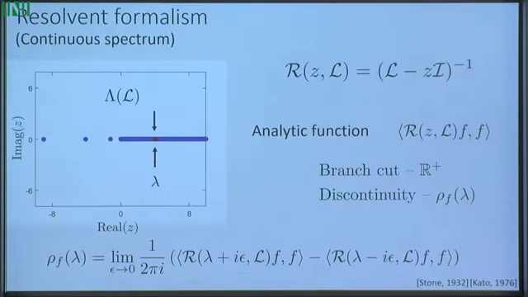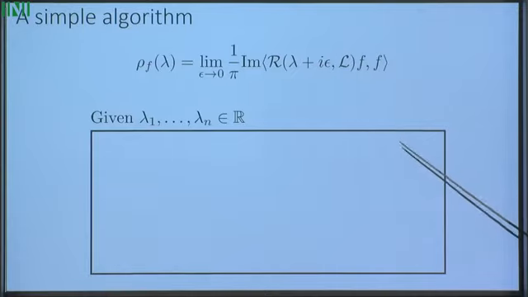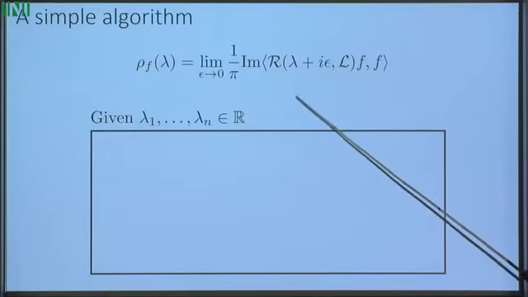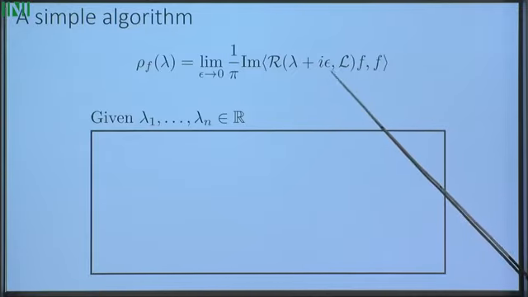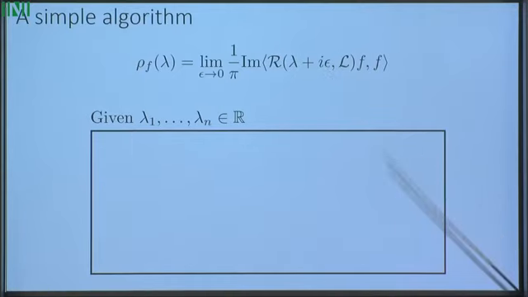Just a note, because L is self-adjoint, we have conjugate symmetry in the resolvent in the upper and lower half planes, which allows us to express the jump in the resolvent compactly in this form. So we just take the imaginary part. We only need to look at the resolvent in the upper half plane because of the symmetry.